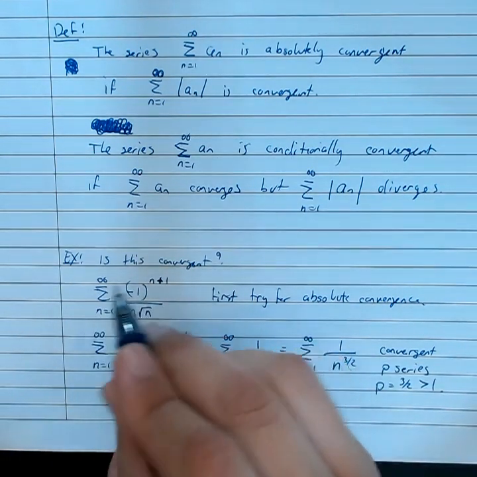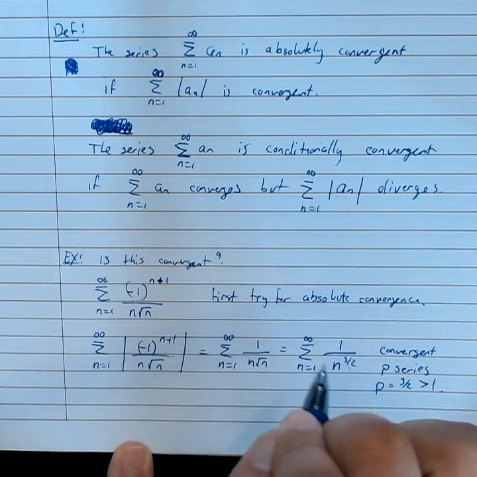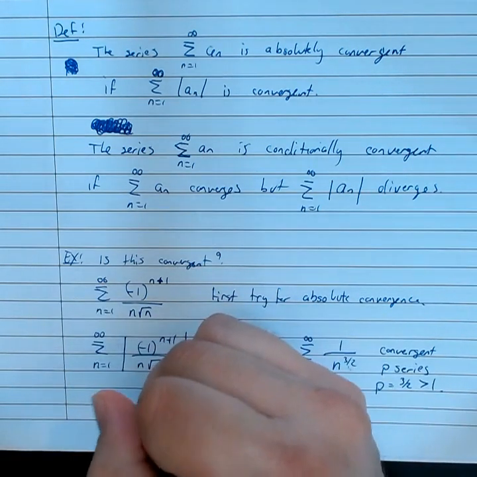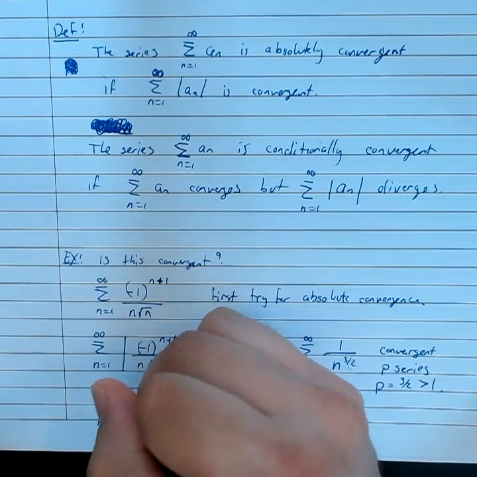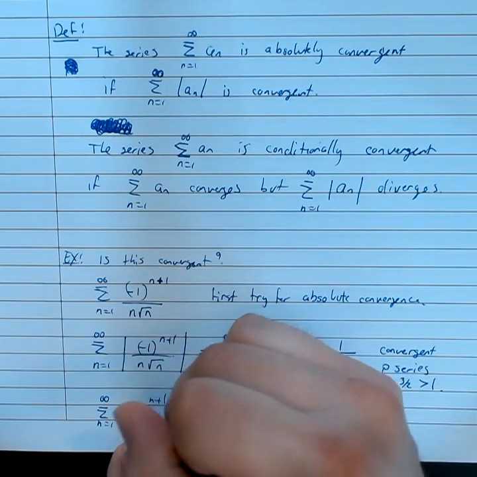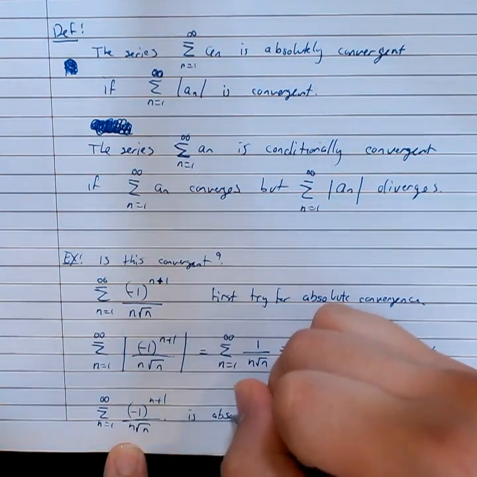And it was convergent because taking its absolute value gives you this p-series. So the way we state that is the sum as n goes from 1 to infinity of negative 1 to the power n plus 1 over n root n is absolutely convergent.